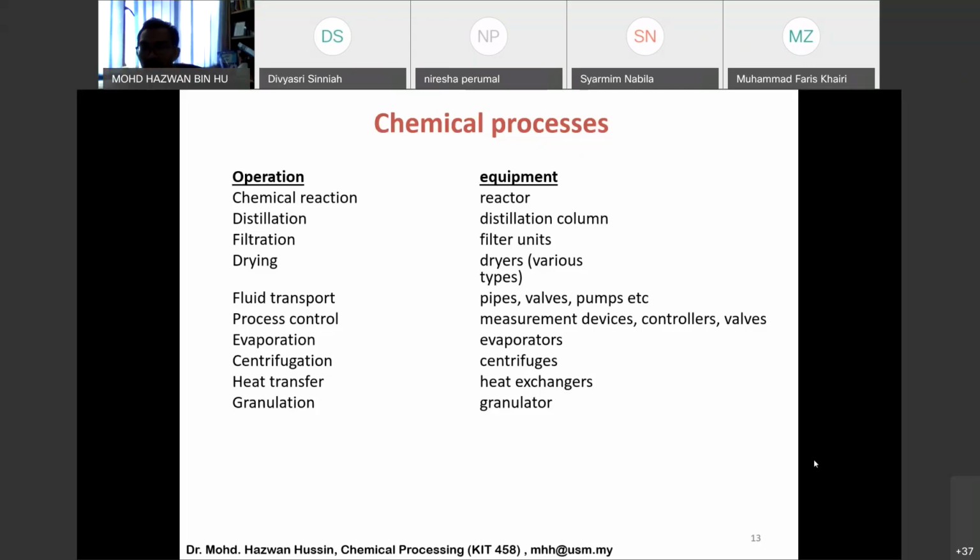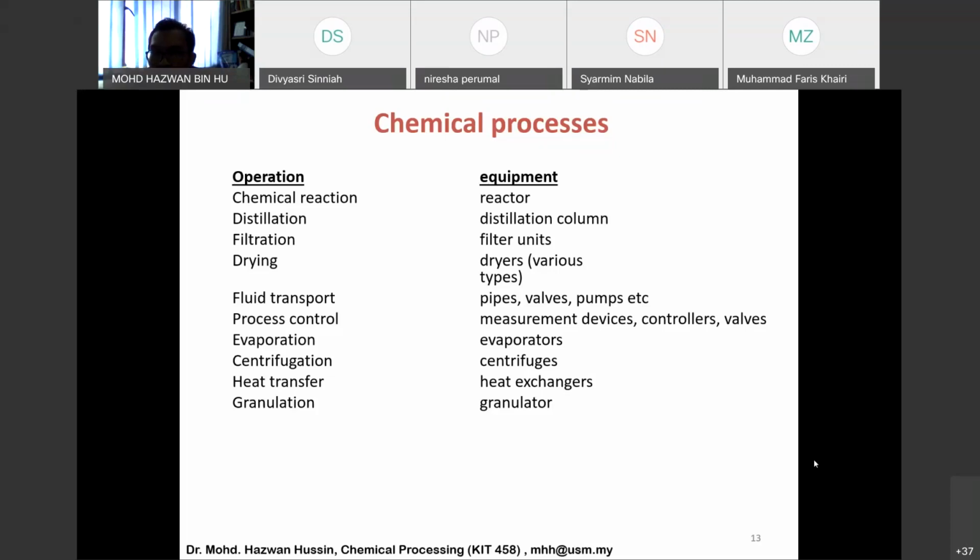Filtration, you will need filter units. But if you ask me, okay, doctor, what would they use in industry if they want to filter a product? Are they going to use filter paper? You think that they will use filter paper? What is your answer?